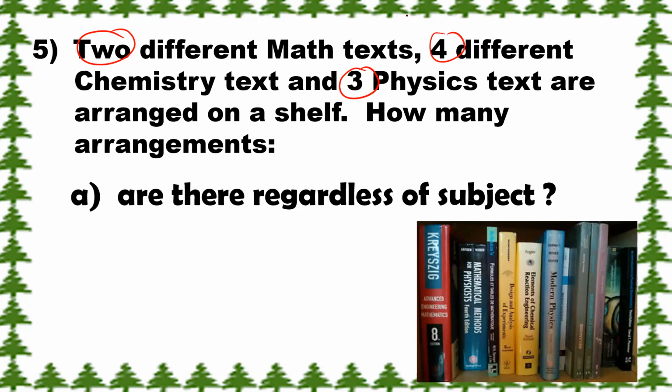Ilan po? 9 po. 9 factorial. So this is 9 factorial, which is equal to 362,880. Okay.